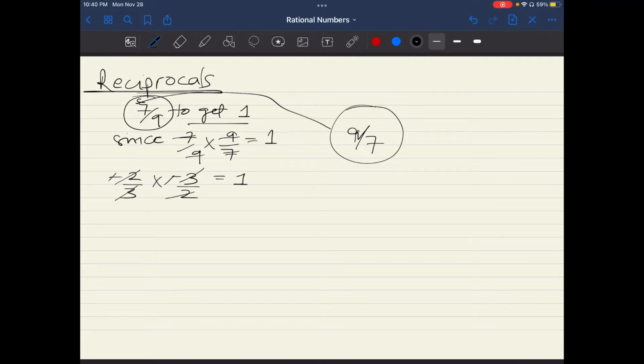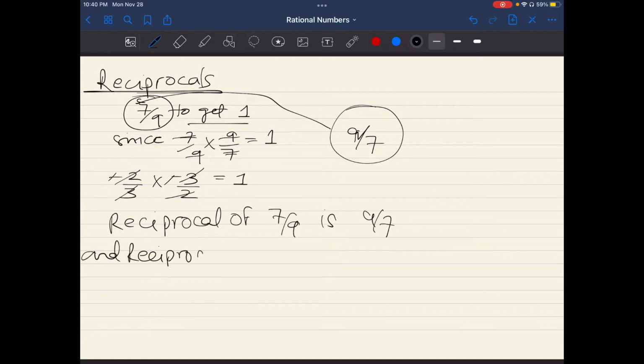So we can say that the reciprocal of 7 over 9 is 9 over 7, and the reciprocal of minus 2 over 3 is minus 3 over 2.